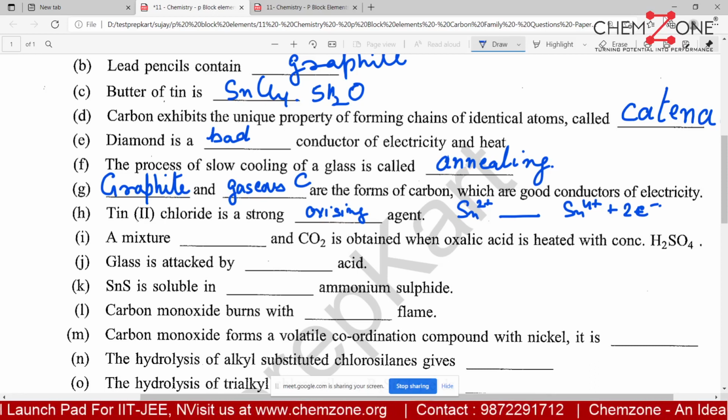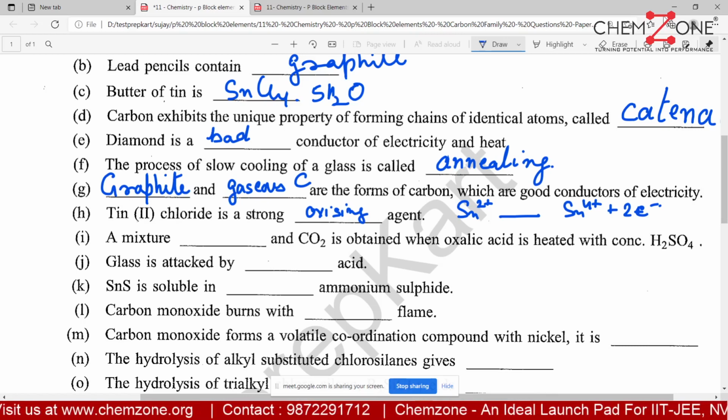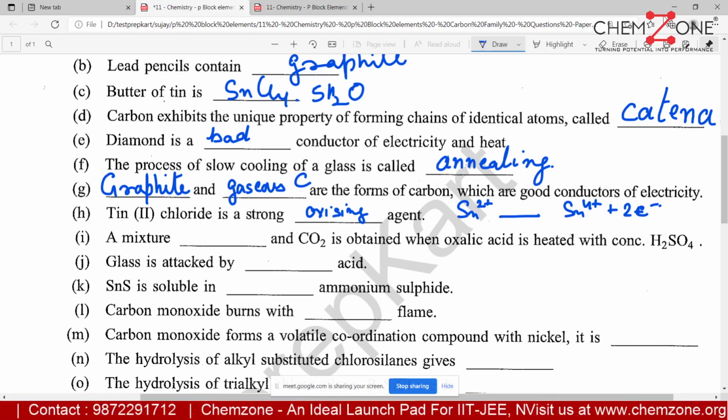A mixture of dash and dash is obtained when oxalic acid is heated with sulfuric acid. Note down this statement, then I will tell you the answer.